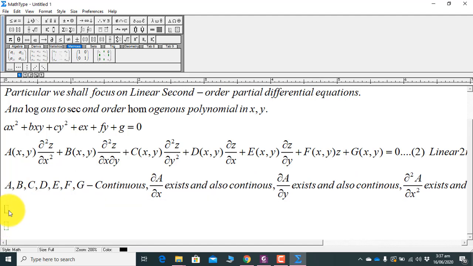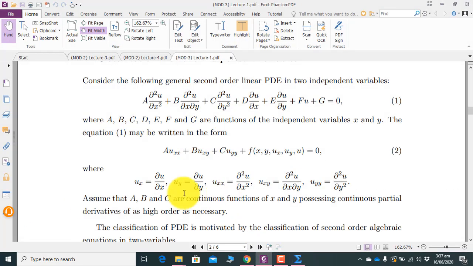But if you look at the slides, we have taken only A, B, C because I will later explain why we only actually need A, B, C in order to study and solve the second order linear partial differential equation.